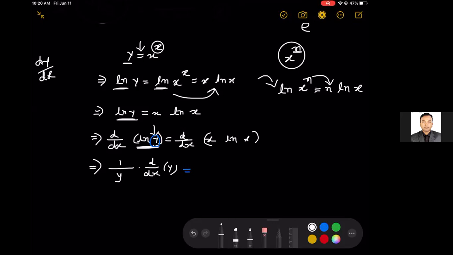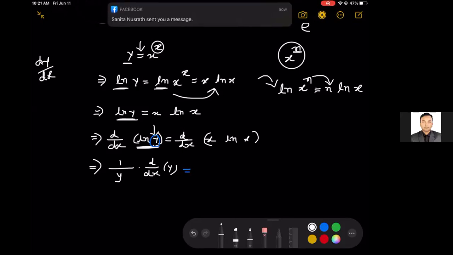When you see something like this, x times another function, or two functions multiplied with each other, what's the first thing that comes into your mind? The chain rule? No, this would be the product rule, wouldn't it? Product rule, exactly. Very good.